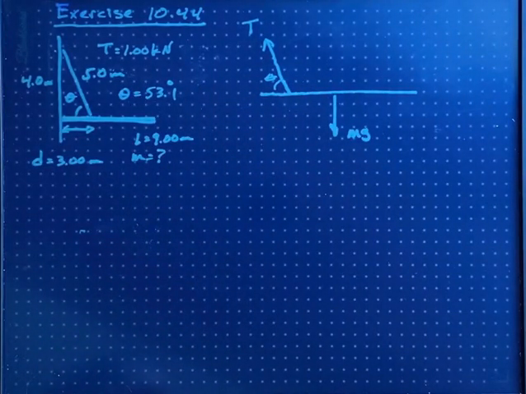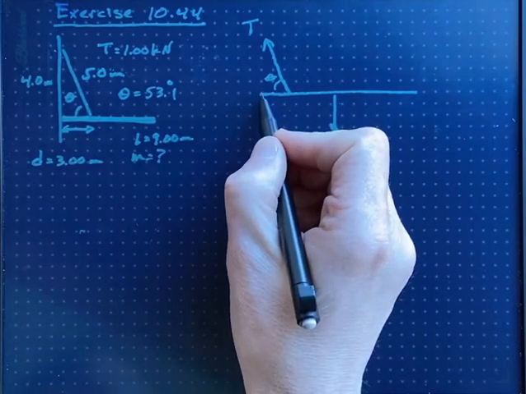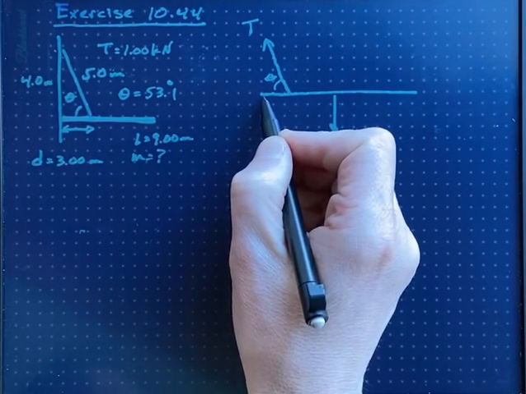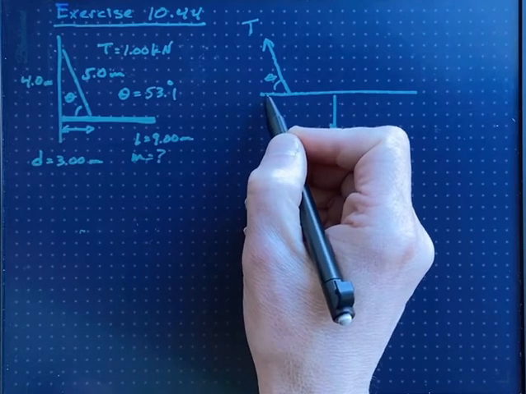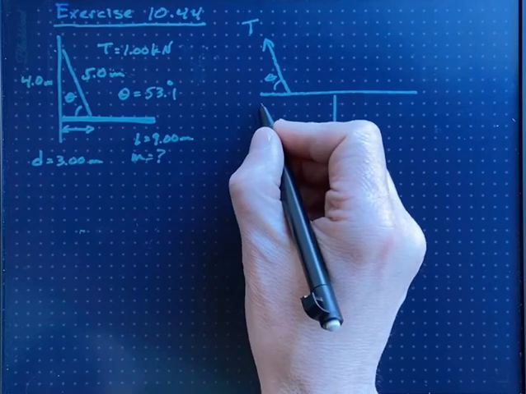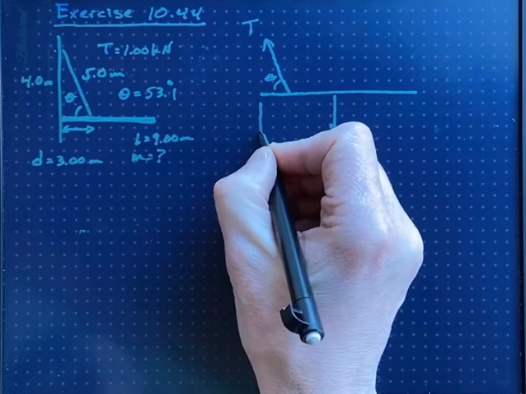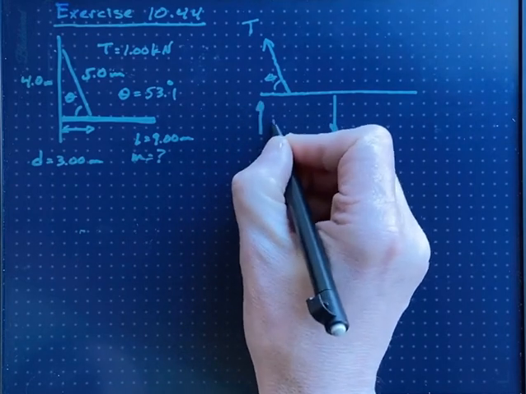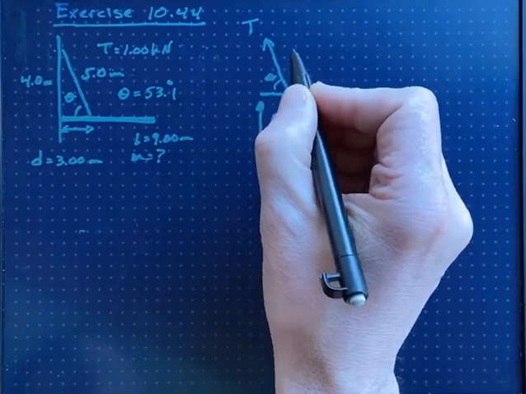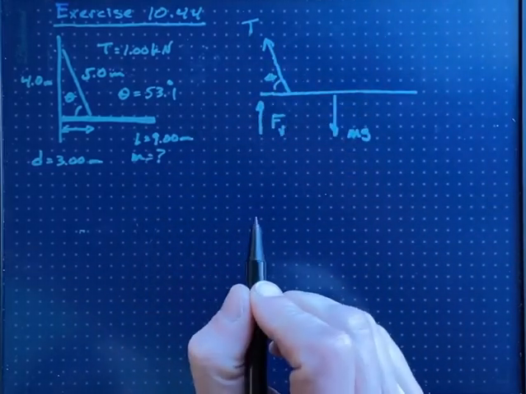The other issue we have is, what about the forces exerted by the hinge on the beam? Well, I don't know exactly which direction that force pushes, but I could imagine that it has components. For example, I suspect that the hinge has got to push the beam upward to prevent it from sliding down.